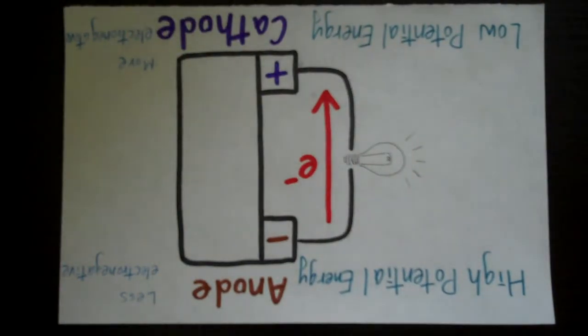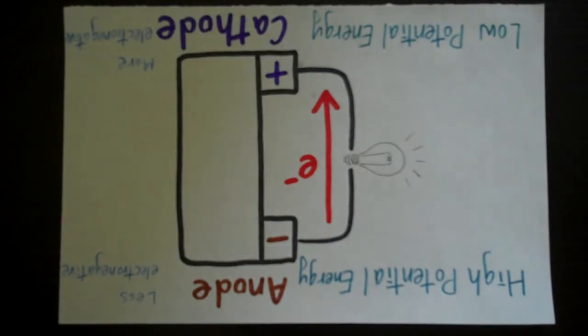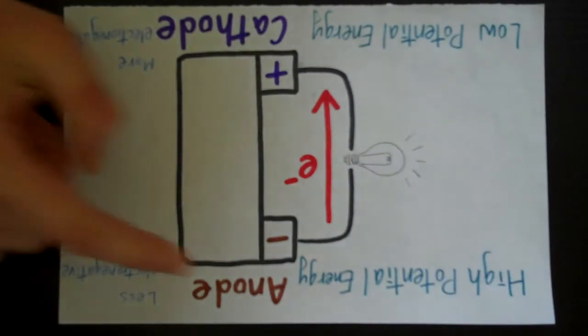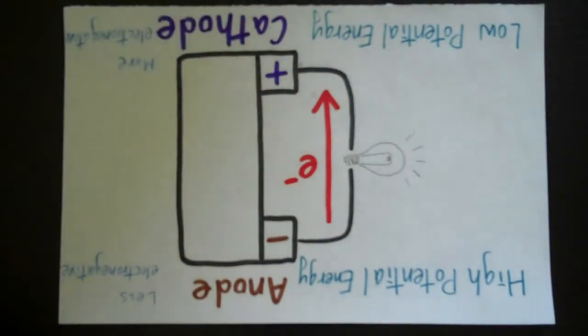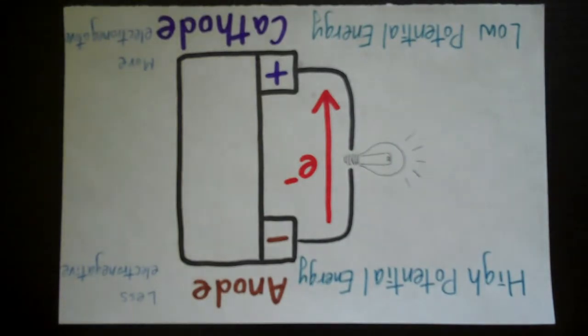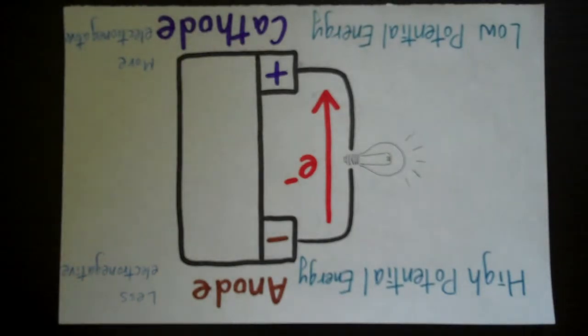Since the anode is less electronegative, which means it's willing to give its electrons away, and it has a higher potential energy, electrons always flow from anode to cathode through an external circuit. The anode is also marked with a negative sign, while the cathode is marked with a positive sign.